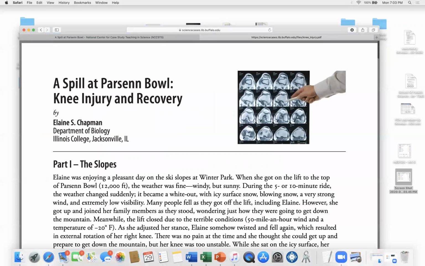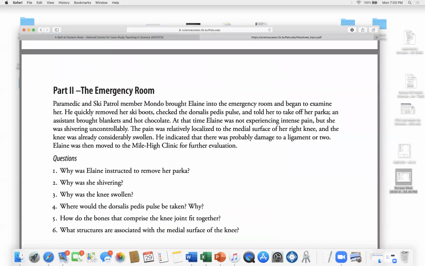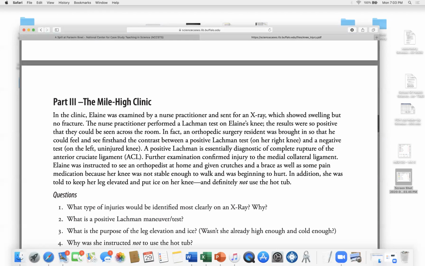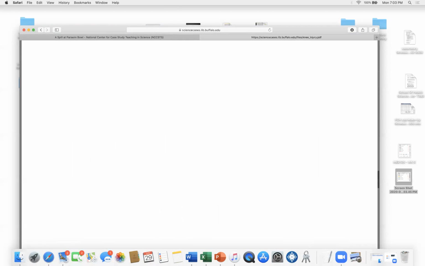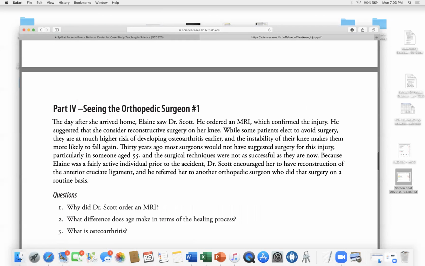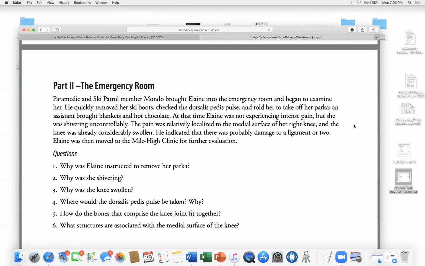Part 1, part 2, part 3 questions, and part 4. They're very straightforward questions, just referring back to these little paragraphs. So do all parts, because they're short and easy.